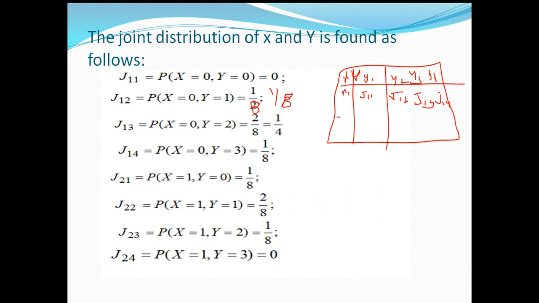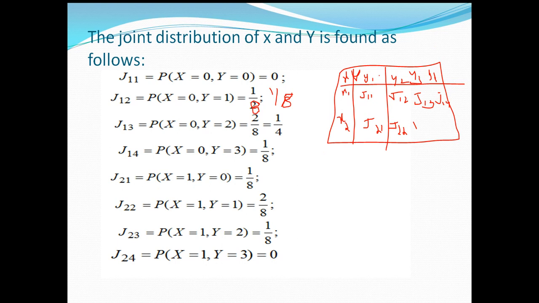Now let us move to the second value in x, that is 1, x2. When x is equal to 1, that comes j21, j11 is done. Now I'll move to the second row, that is j21, j22, j23, j24, and so on. Now j21, how to get j21? P of x is equal to 1 and y is equal to 0. First value of y is 0.